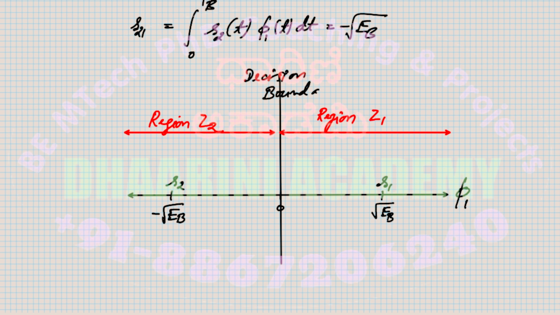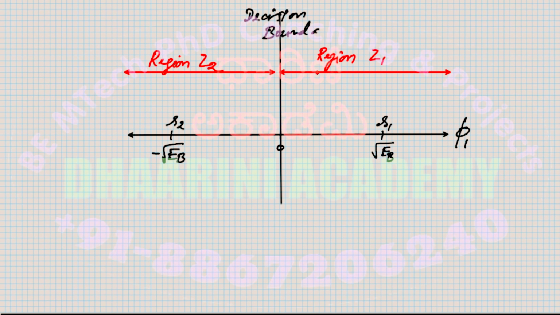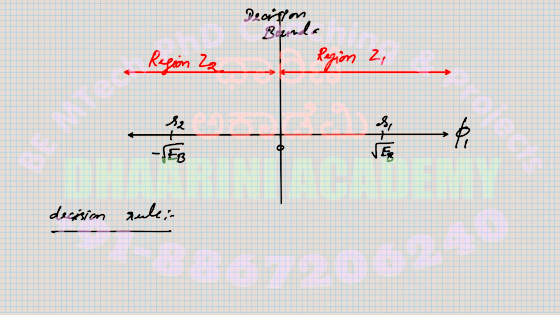Okay, now how do you select the point? How do you try to decode the point? So we can call it a decision rule. Choose the signal S1 of T, or maybe the binary symbol 1, if the received point X1 falls in Z1.